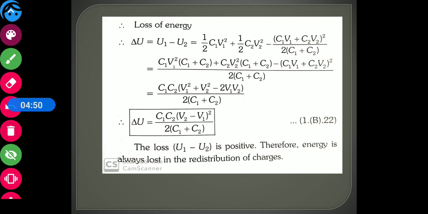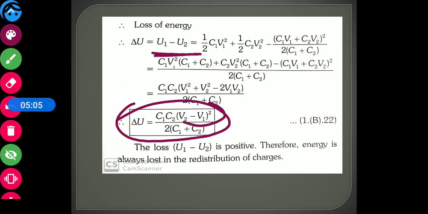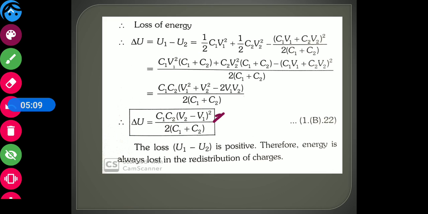Now why is it a loss? Here we are calculating initial minus final, and look at this expression. C1, C2 and the denominator C1 plus C2 are all positive terms. Only V2 minus V1 could be negative, but since it occurs as a square, this term will also be positive.